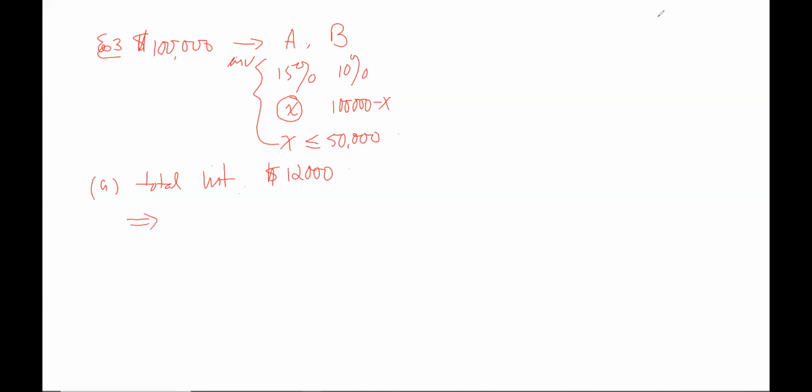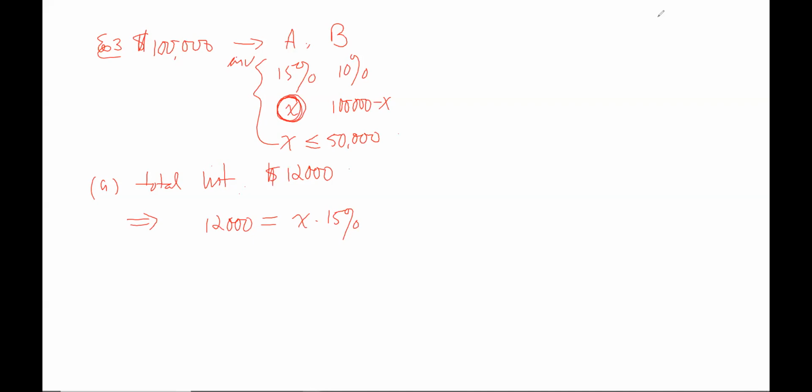So this implies that $12,000 should be equal to what? Should be equal to X, invested in stock A. That means X should be multiplied by 15%, okay? So the interest is this. No matter how much money you invested in this stock, you multiply by the percentage of the investment.